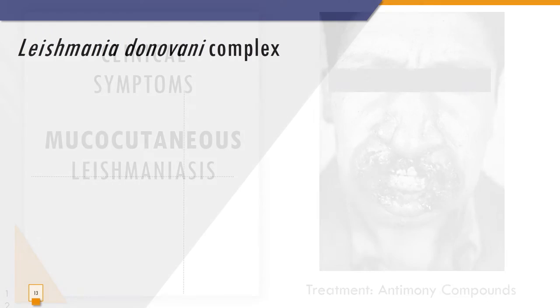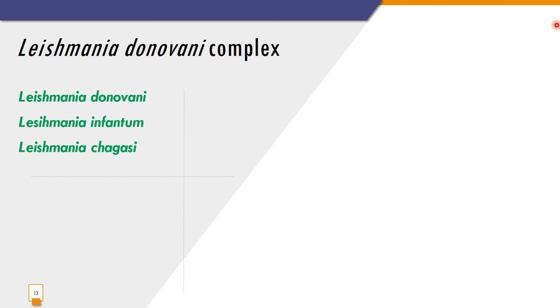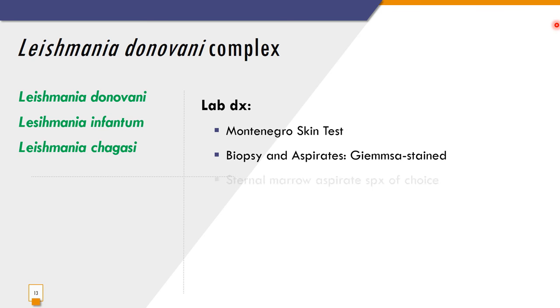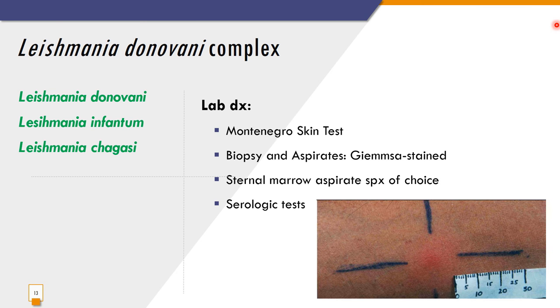Next group is the Leishmania donovani complex. This group is comprised of Leishmania donovani, Leishmania infantum, and Leishmania chagasi. For diagnosing this parasite, there is the Montenegro skin test. This is a screening test similar to the tuberculin test.